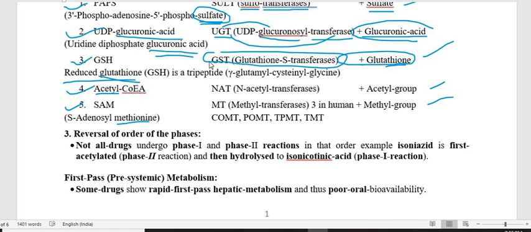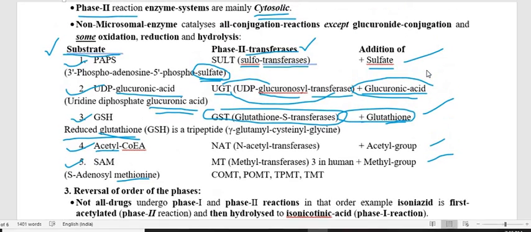So all the enzymes are transferases. This gives the glutathione, and the compound formed after reacting with the drug is the glutathione conjugate, and each reaction has its name. If this resultant component forms, the name of the reaction is sulfation. The name of the reaction under this is glucuronidation.